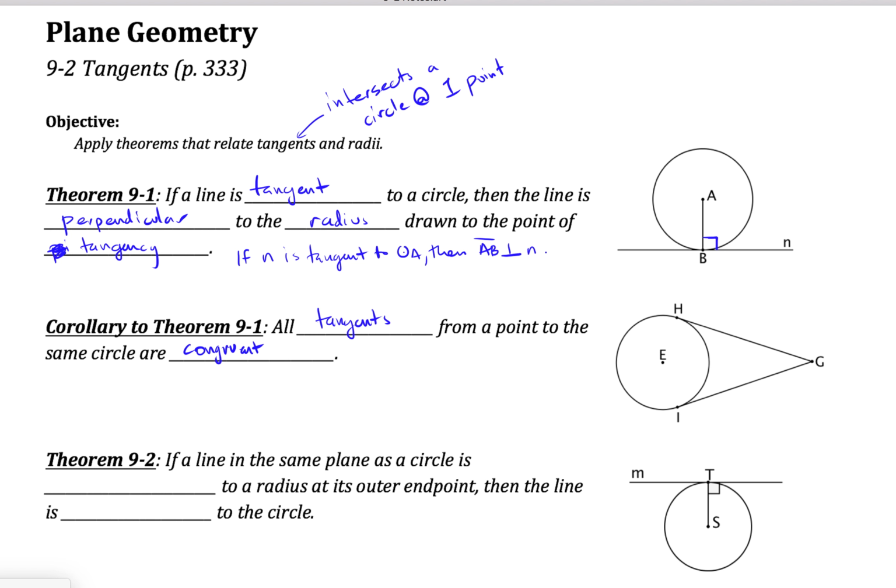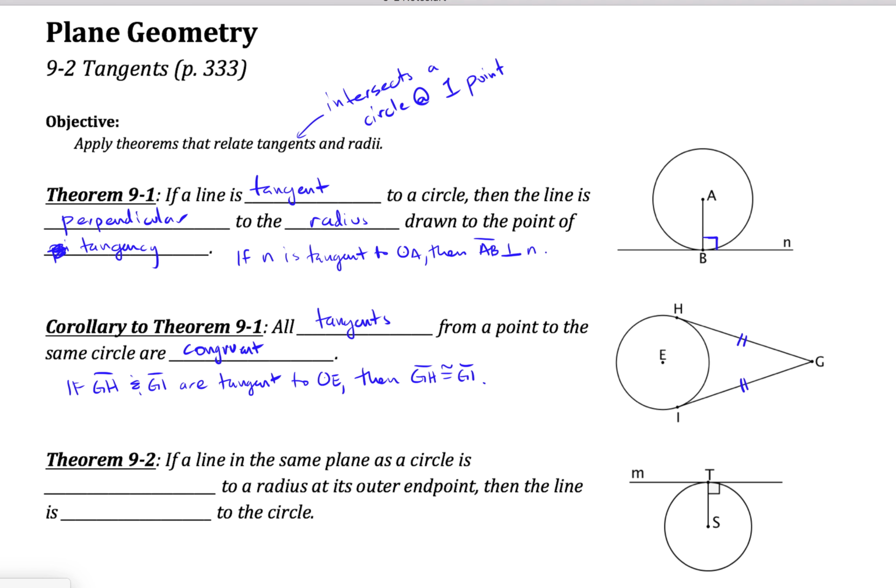But what it would tell us is that in a picture like this, if segment GH and segment GI are both tangent to circle E, then we can conclude that segment GH is congruent to segment GI. That's what the corollary to theorem 9-1 would tell us. Again, nothing too complicated there. If we have this point G that's outside the circle and we draw the tangents to circle E from point G, so G to H and then G to I, those would be congruent to each other.